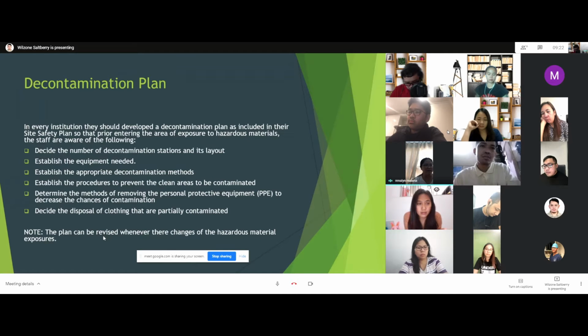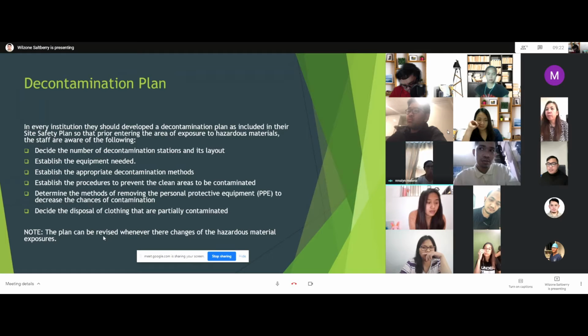Decontamination plan. In every situation, a decontamination plan should be developed as included in the site safety plan.